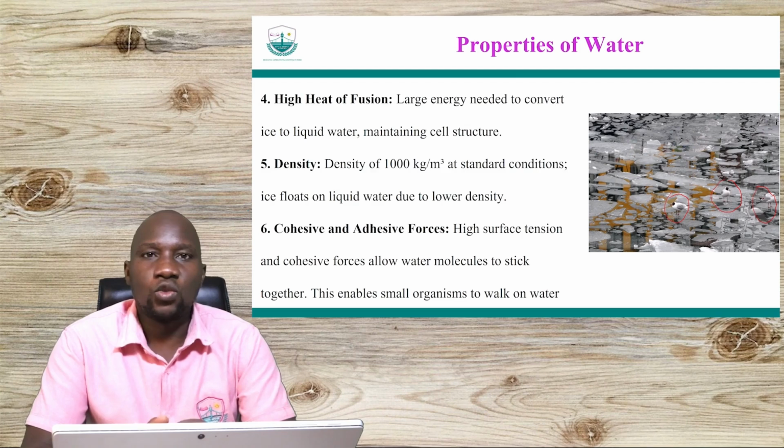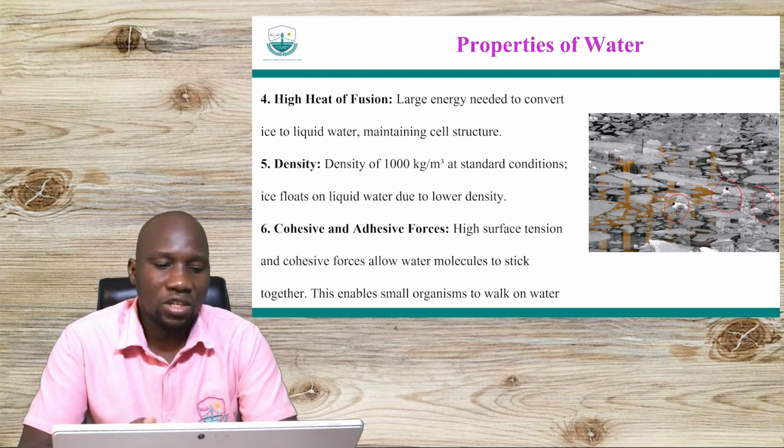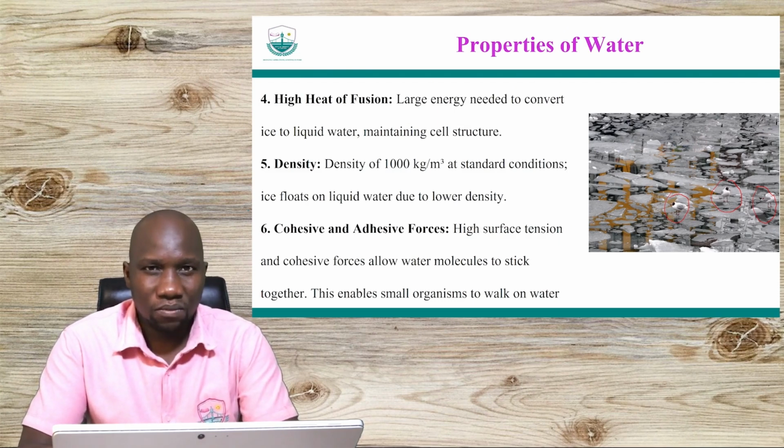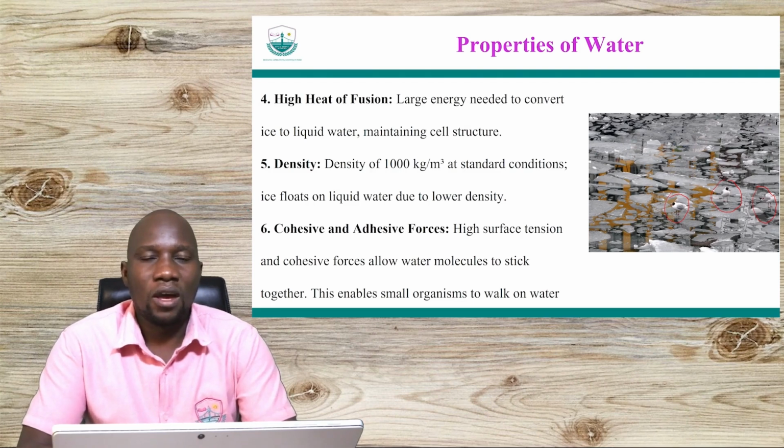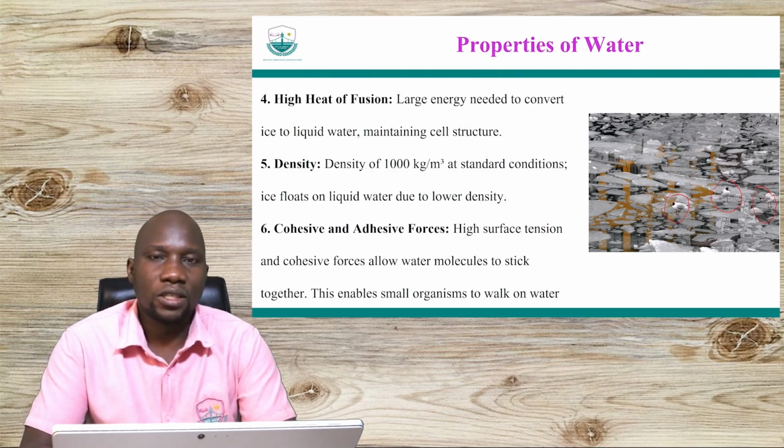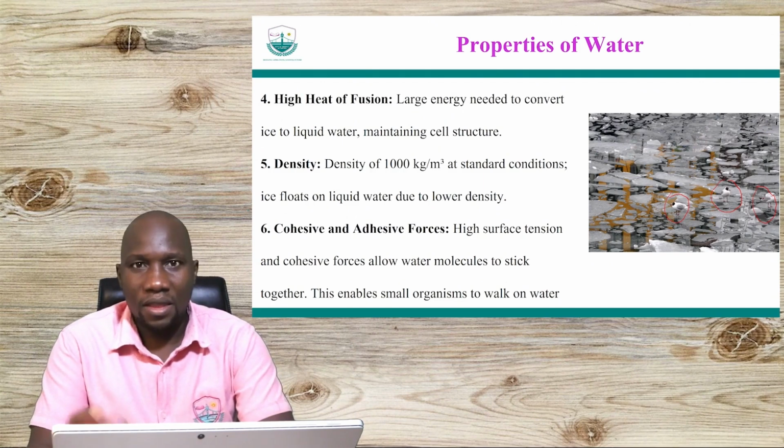Okay, and this is why you can have some insects that can actually move on water. Okay, you have seen this. This is because of surface tension, and that surface tension is because of the cohesive forces, the forces of attraction between water molecules. Those are cohesive forces, and they're the ones contributing to high surface tension.